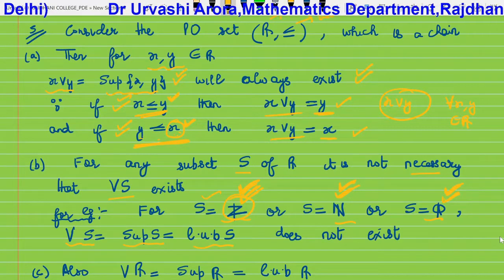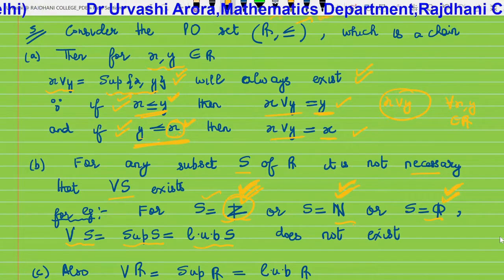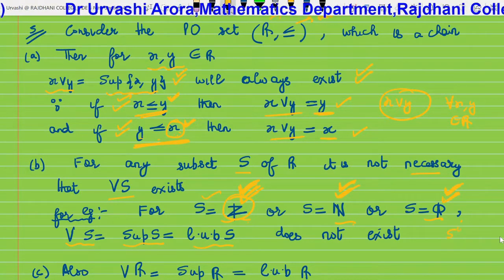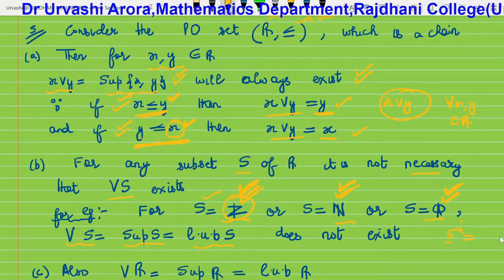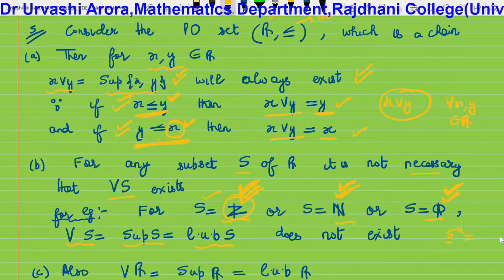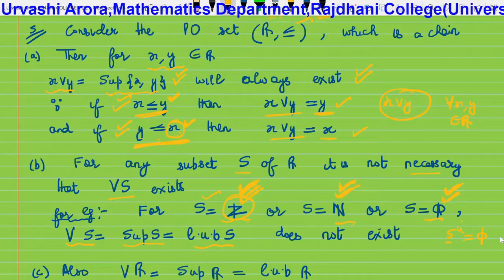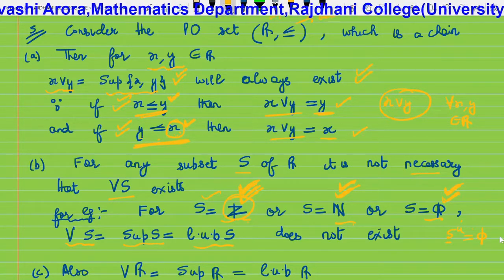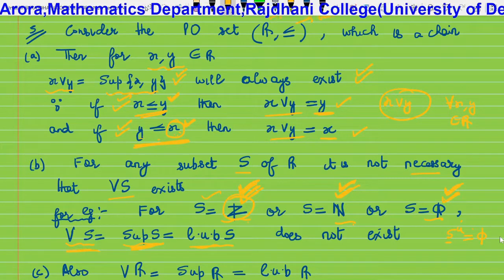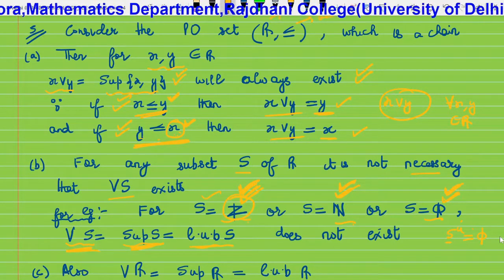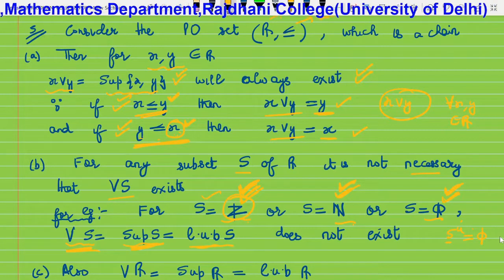These sets don't have any upper bound, which means that the set of all upper bounds, SU, is equal to phi. And if there is no upper bound, we can't talk of the least upper bound, or supremum, or join of S. This cannot exist. So the join of S doesn't exist in any of these three cases.